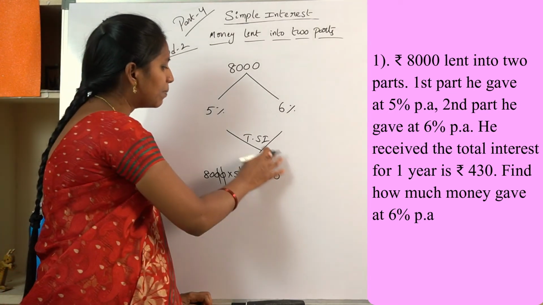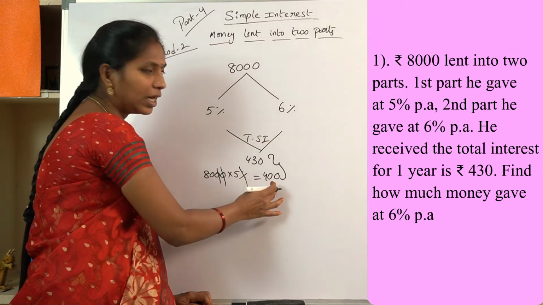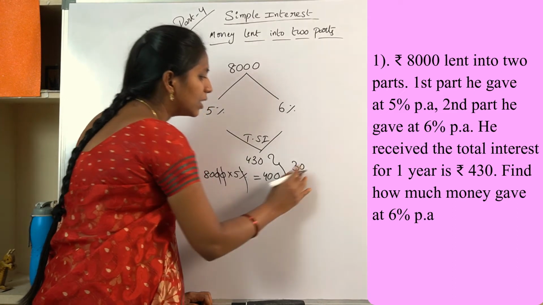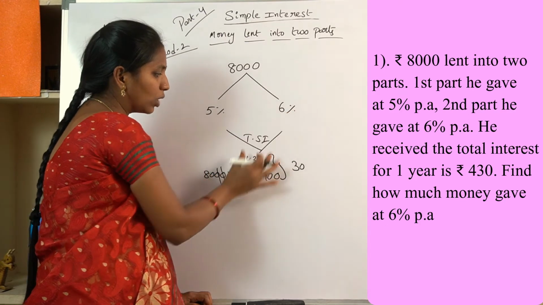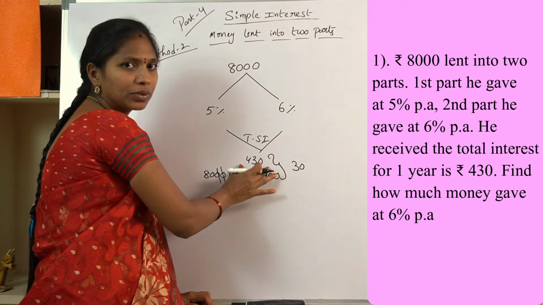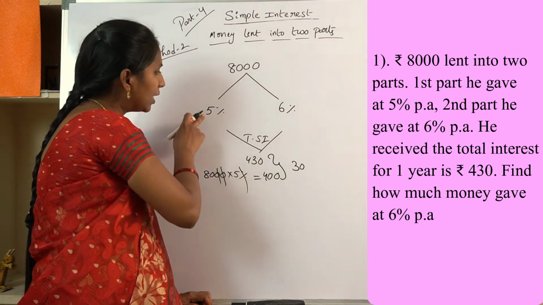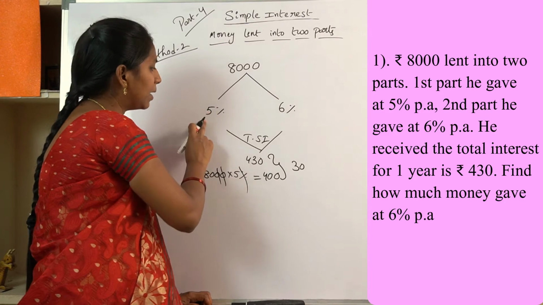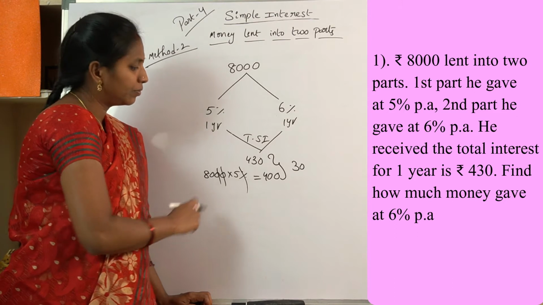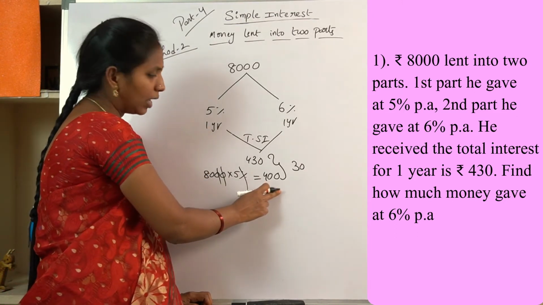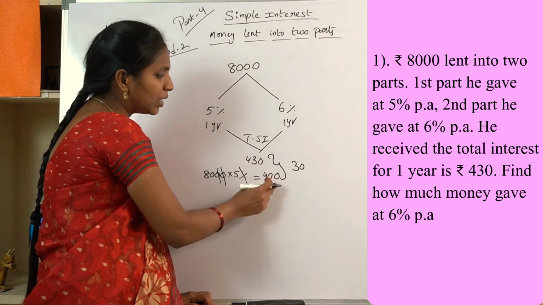Okay, but the total simple interest is 430. What is the difference between these two? The total simple interest of the two parts is 430, but I calculated the simple interest of one part for 1 year, which is 400. The total simple interest is 430, so the difference is 30.